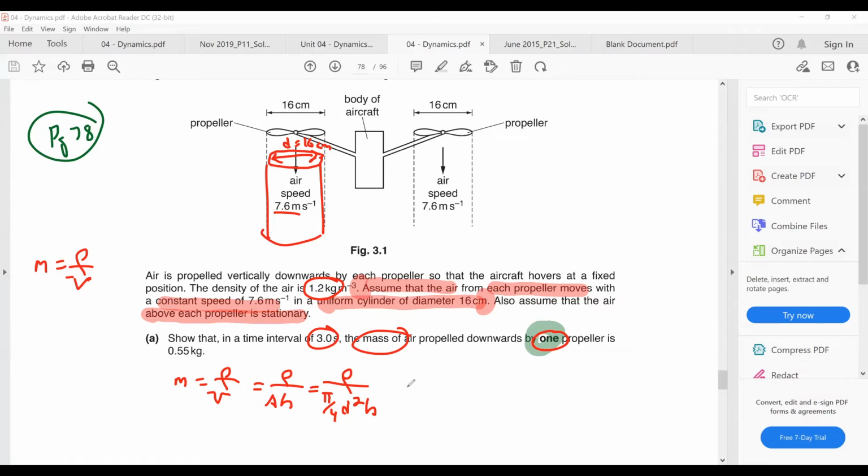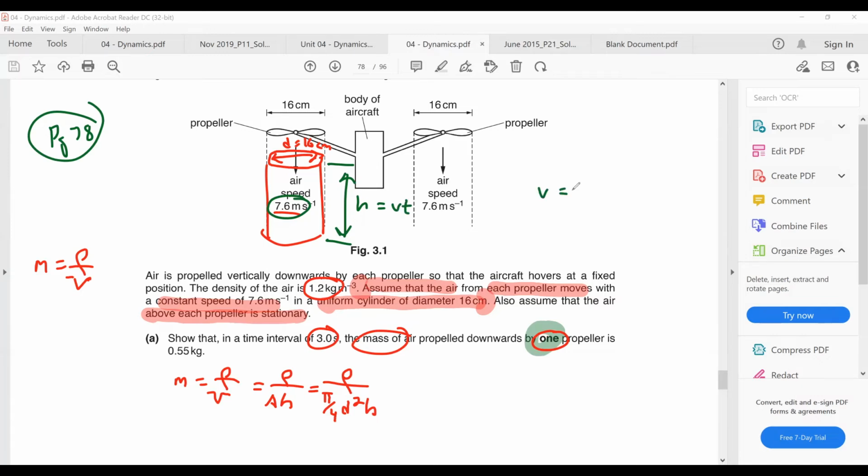Now, in a time of 3 seconds, let's just say this is your height, h. In a time of 3 seconds for speed of 7.6 meters per second, you can find out the height as Vt, isn't it?